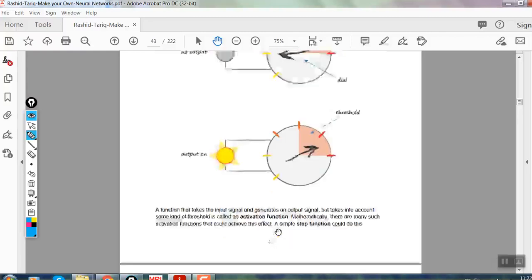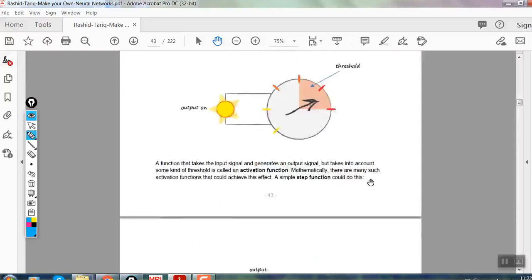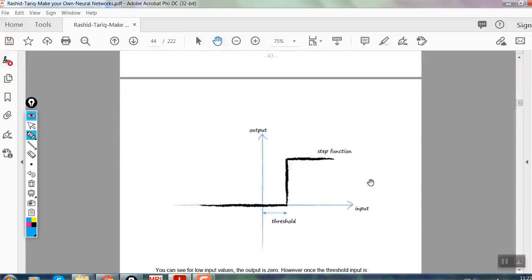These areas, the gray area and the orange area, can be drawn like this in this diagram. If the amount of input is in this area, then we don't have any outputs, and if the amount of input is in this area, then we have outputs.